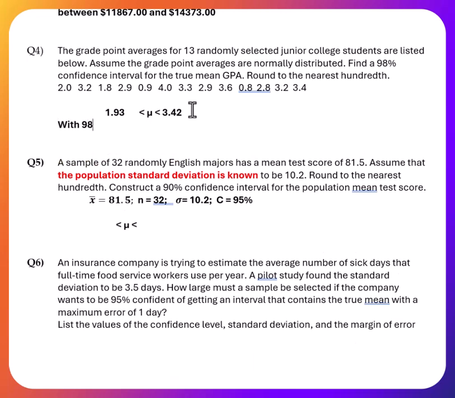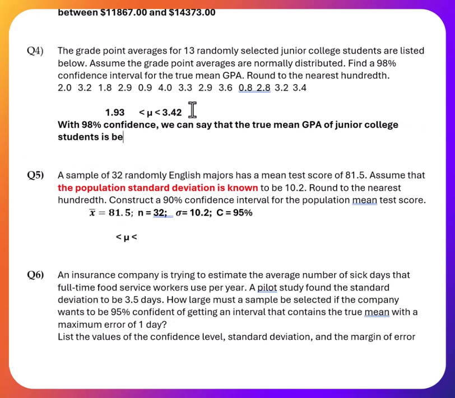With 98% confidence, we can say that the true mean GPA of junior college students is between 1.93 and 3.42.